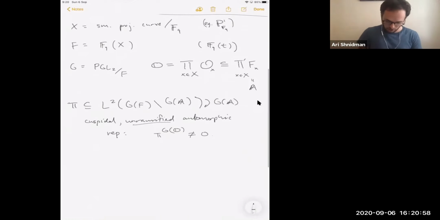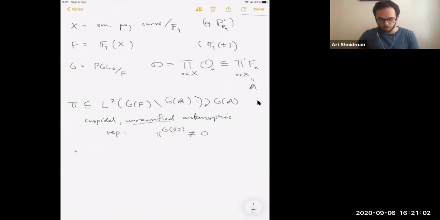And so I'm talking about a finite number of level 1 automorphic representations when I restrict to cuspidal and unramified. These are function field analogs of level 1 modular forms, so forms for SL2(Z).